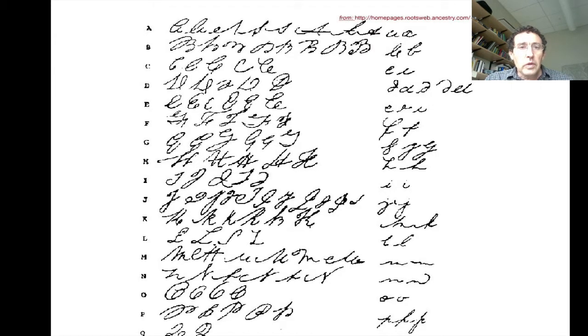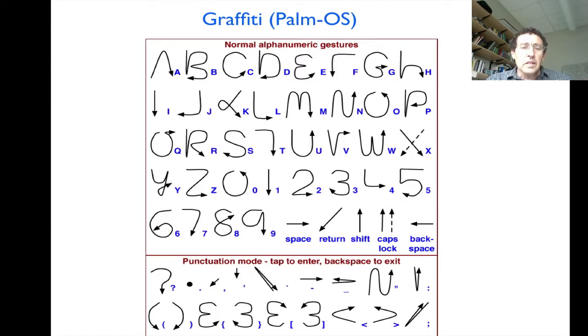So how do we try to deal with all this diversity? Here is one attempt to basically enumerate the different ways to write each letter. That seems pretty futile. Here's a different way. This is the Palm OS graffiti method, which was quite popular for a while. And what you have here is that you define particular ways of writing letters.